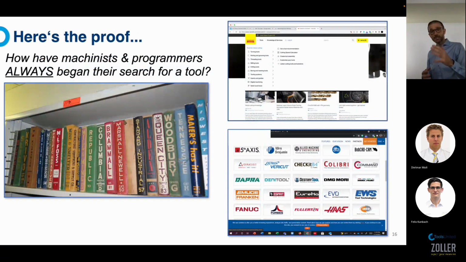But if we go over on the right side of the screen, the new technology versions that are replacing those books aren't very much different, right? If you want information about your tool, most of the time you're going strictly to the vendor's website where you can only look at the vendor's tools. And then in some of the other solutions that are appearing in the market, they have some search capability if you don't pick the vendor, but if you really want detail, you got to pick the vendor. Well, why is that?